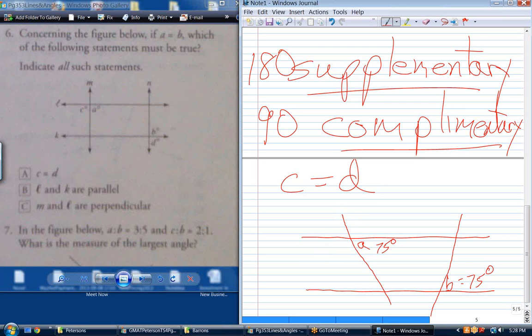In other words, A is not 90 degrees. So M and L do not have to be perpendicular. And it's precisely the way to do these: try to draw the diagram in a way that they're not perpendicular and yet everything is still satisfied. The premise is still satisfied.